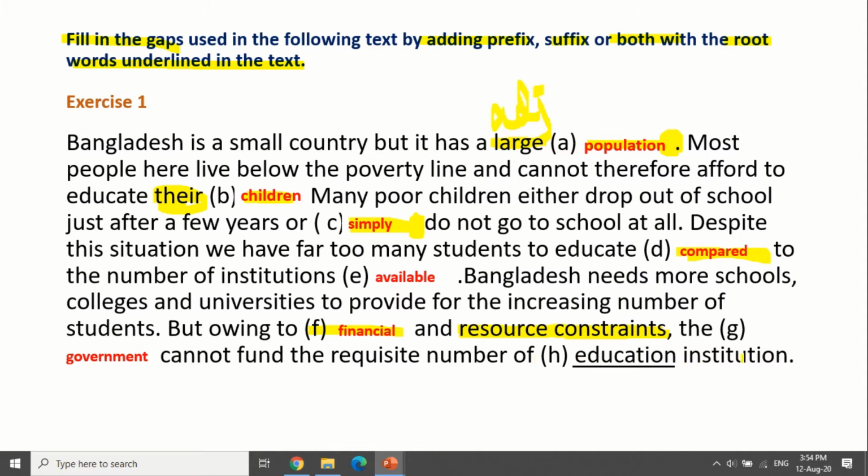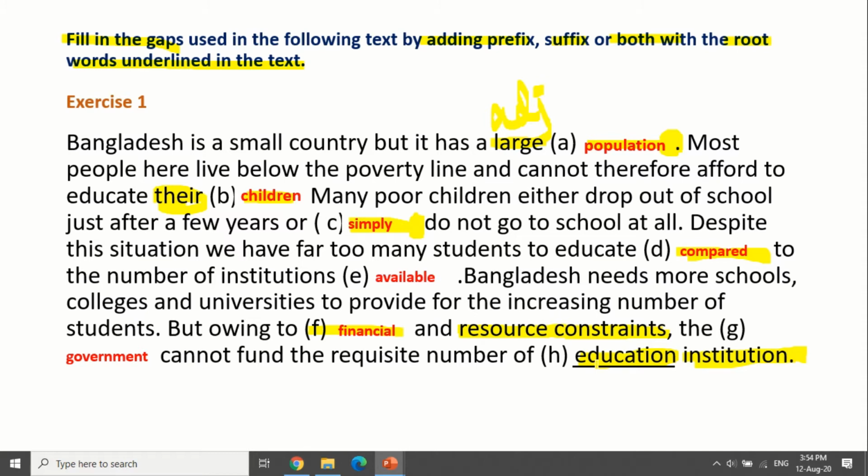The government cannot fund the requisite number of education institute, and again you can see that institute is a noun, and what type of noun? This is a common noun, and we have to modify this noun with an adjective. So this word education will have to be changed into an adjective. How can we change it into an adjective?